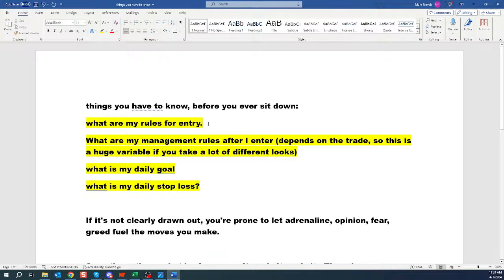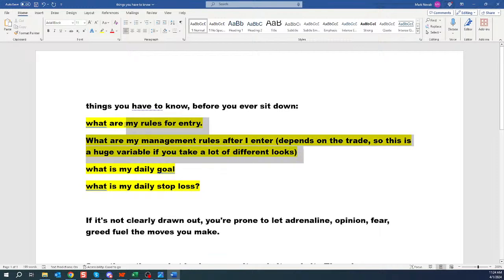You understand the advantages, you understand the disadvantages. Hopefully you've gone through and you've mapped it out. And then if you understand what your management rules are after entry, it means that you understand whether it's an enter and hold for the duration, or if it's a divergences must take me out, or if it is 3 closes on the wrong side of XYZ, whatever.